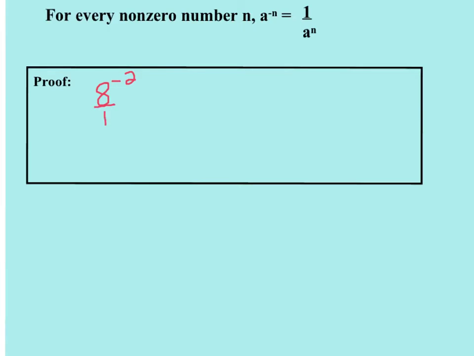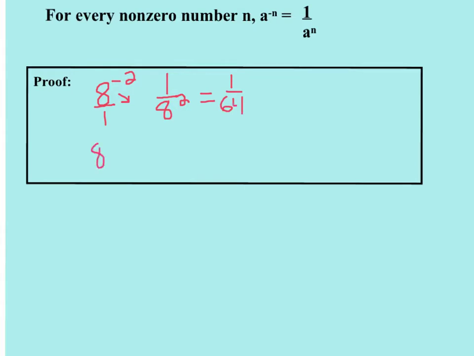Now the reciprocal of 8 is 1 over 8. So basically that 8 has to change positions and go down to the bottom. But when it does that, the 2 becomes positive. So 8 to the negative 2 power equals 1 over 64.